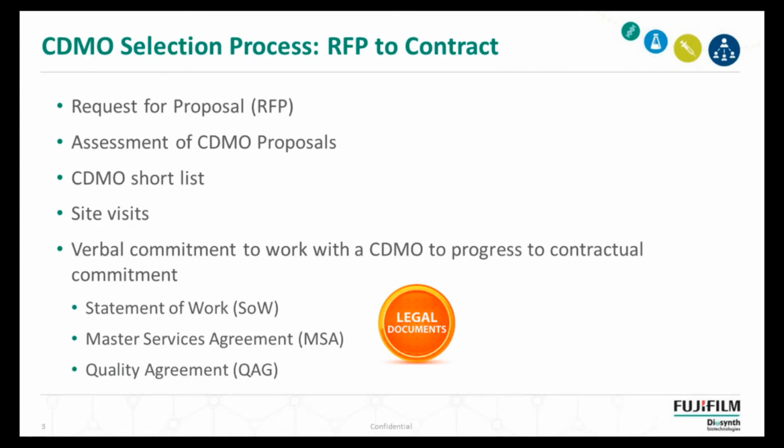So many of you perhaps are involved or expect to be involved in the selection process for a contract development organization, contract manufacturing organization. So I thought it'd be useful just to briefly touch on the main aspects of the selection process that many of you are perhaps already familiar with or will need to become familiar with.